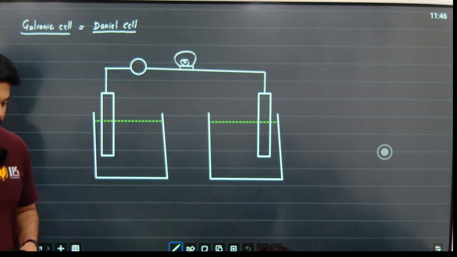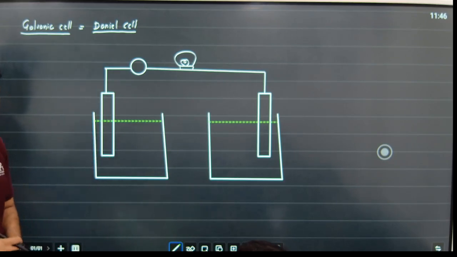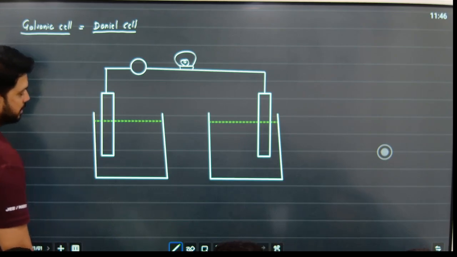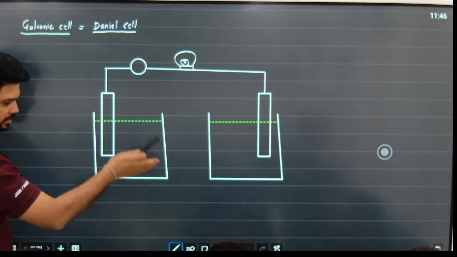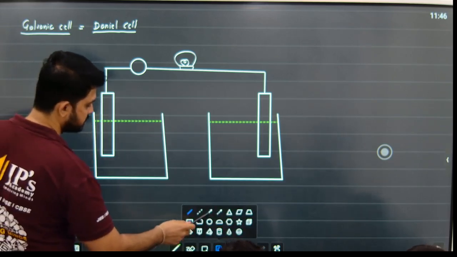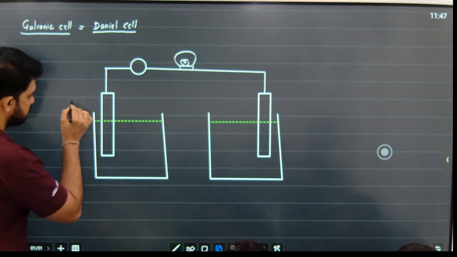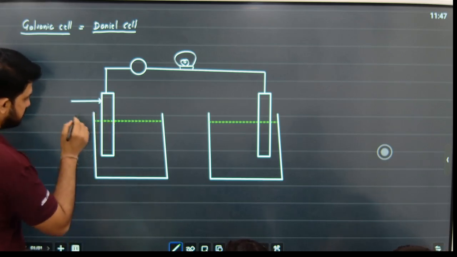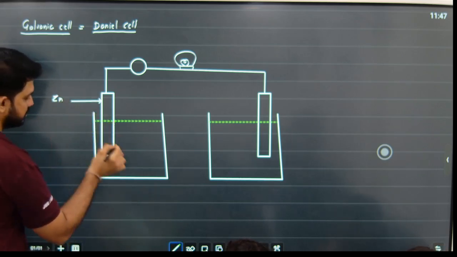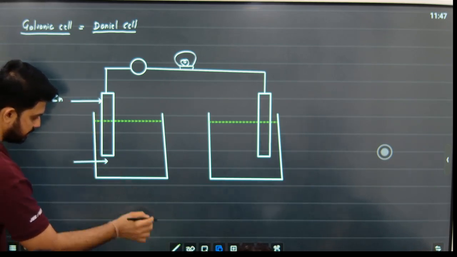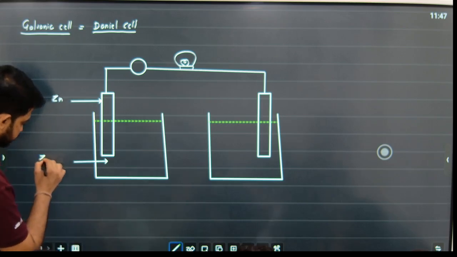Okay, now let's understand the galvanic cell in detail a little. So on the board we have a small setup. Let's first understand the setup. What we have over here, people, is a zinc rod, which is dipped in zinc sulfate solution.